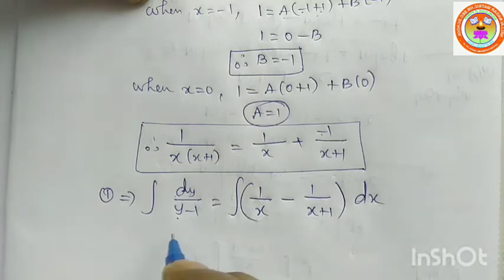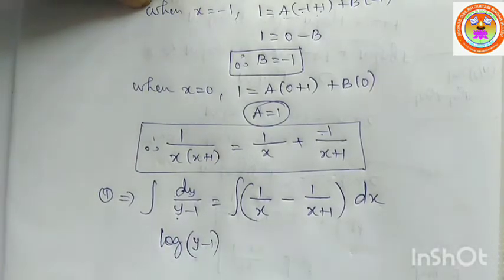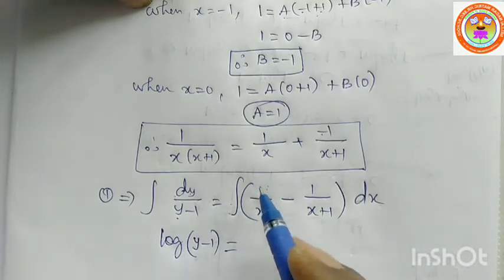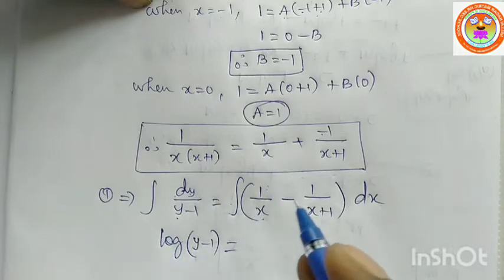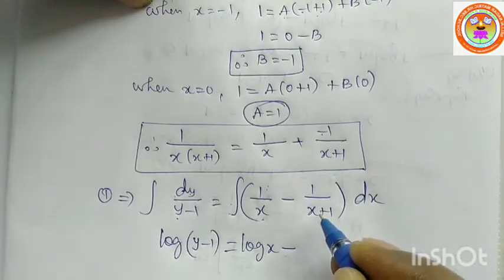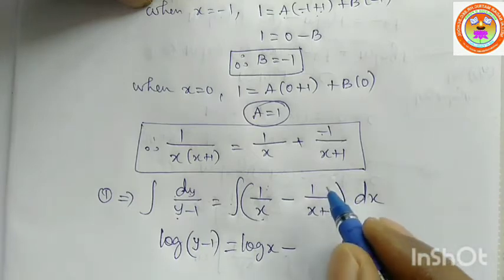So we can apply the formula log of denominator. Similarly, when we multiply dx inside, it is integral of dx by x. So the differentiation of the denominator is there in the numerator. So we can apply log of the denominator, minus, here also the same. Differentiation of x is 1 into dx, constant is 0.